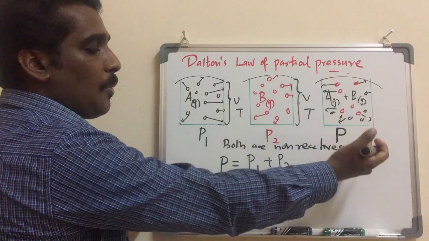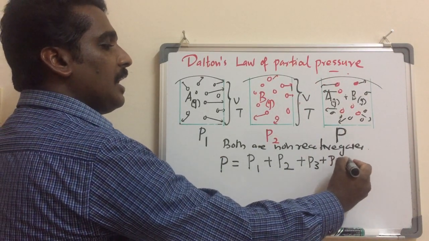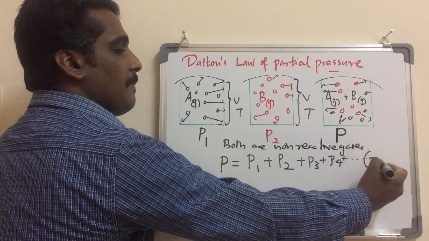If one more component is present, we can write P3, and for more components we can write P4, at a constant temperature and volume.